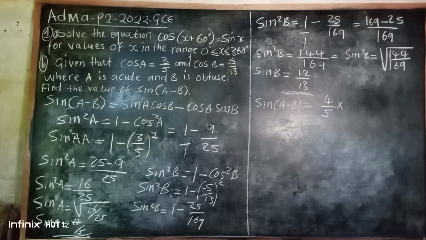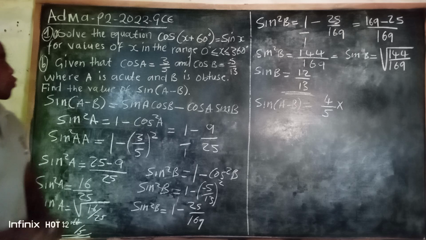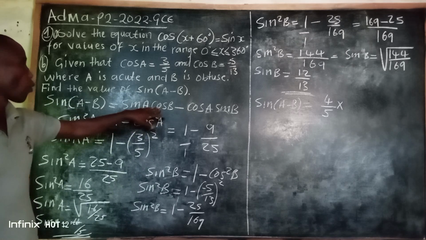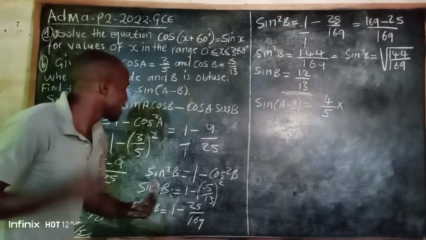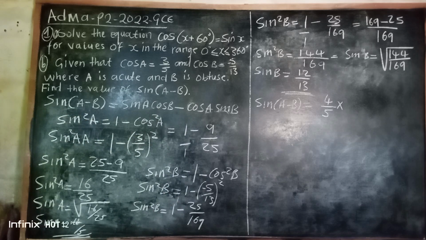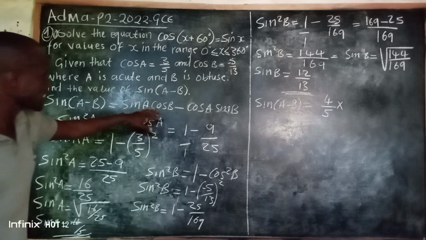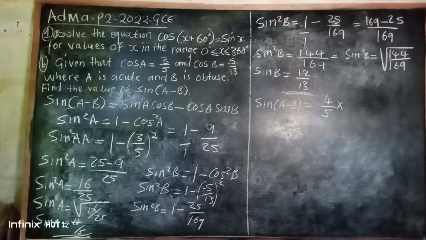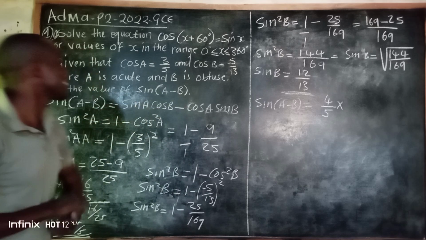Then cos B. So we go now to B. Okay. So B, they are saying B is in the second quadrant, and we are with the cos. So obtuse is the second quadrant. So now B is in the second quadrant. Okay, what are we going to do? Cos in the second quadrant is negative. When we get back to the unit circle, cos in the second quadrant is negative.